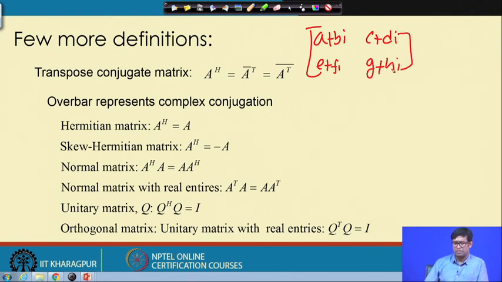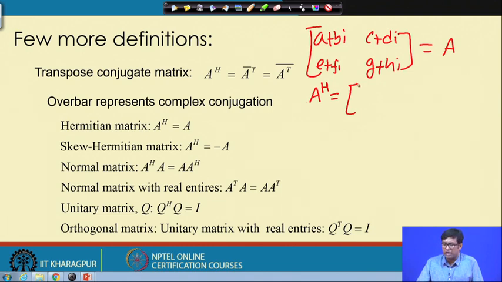When we say the transpose conjugate of the matrix, noted as A with a superscript H, it is given as the conjugates of each of the terms with a transpose: A minus Bi, E minus Fi, C minus Di, G minus Hi.